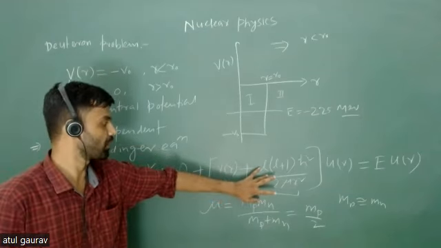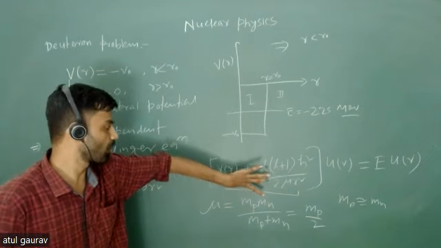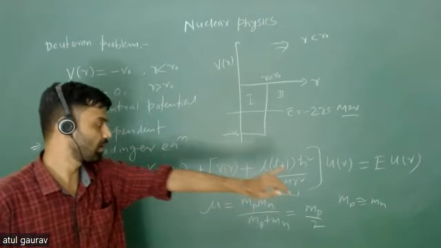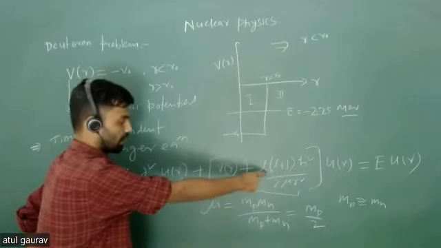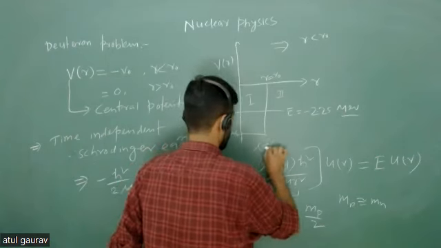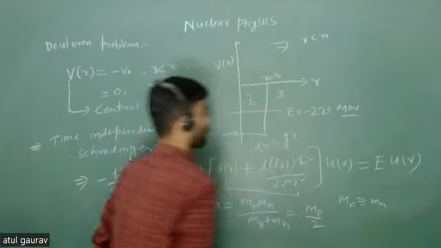This term is least when l is 0, while l can run from 0 to 1 to 2 to 3 like that. So when l is 0, this will give you the ground state.